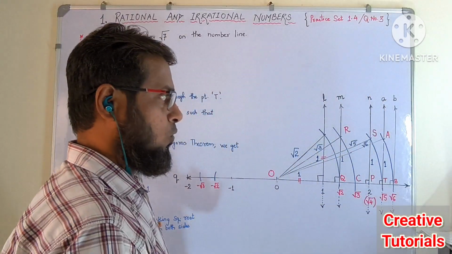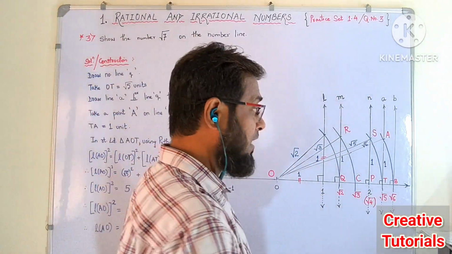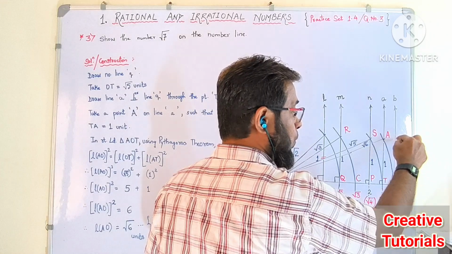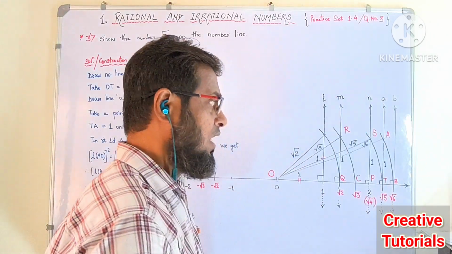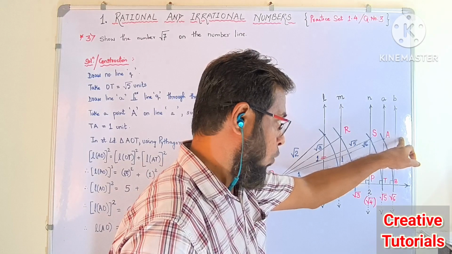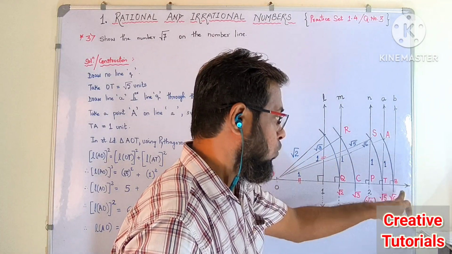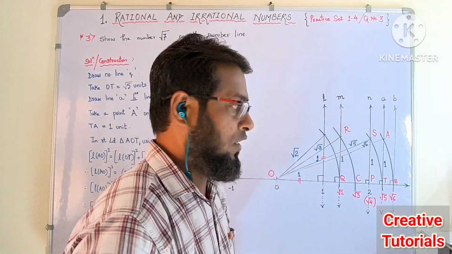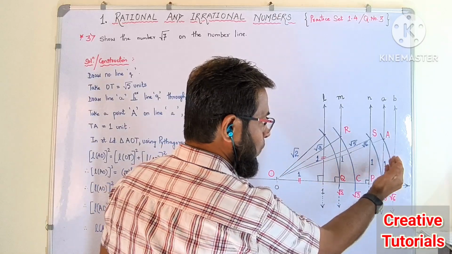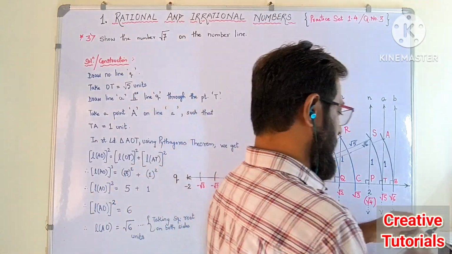Now my next step says that I want to take one suitable point over here, where the distance between these two points will be 1 unit. You can see 1, 1, 1, 1. The same thing we are going to do here also.